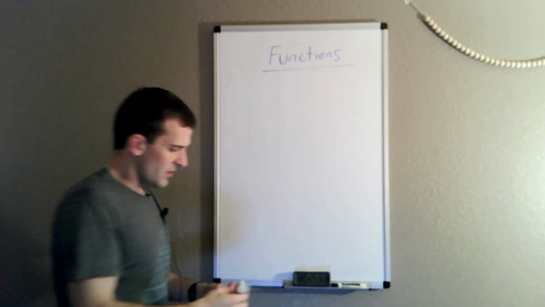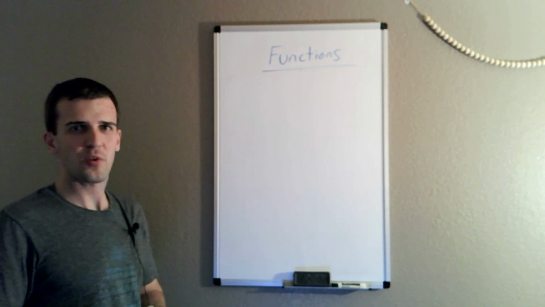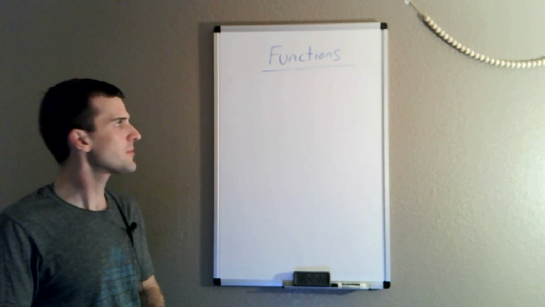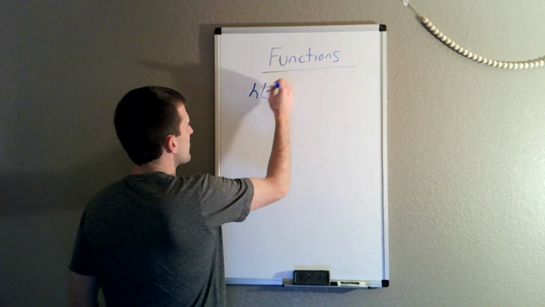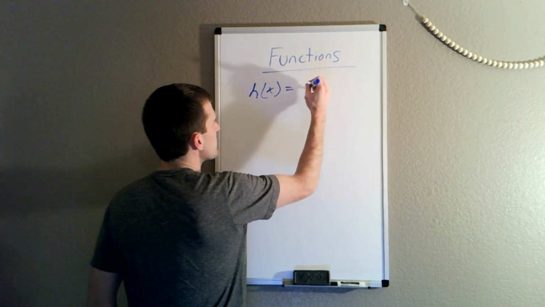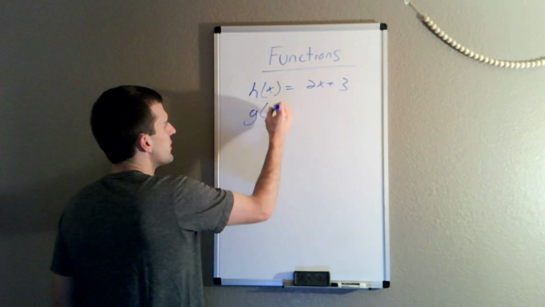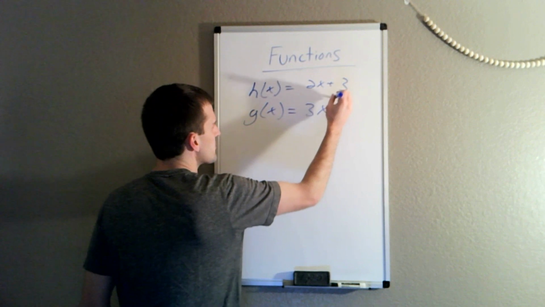And now you can also have functions within functions, which will become more useful when we start working with complex derivatives. But you could have a function h of x equals 2x plus 3. You could have g of x equals 3x squared.